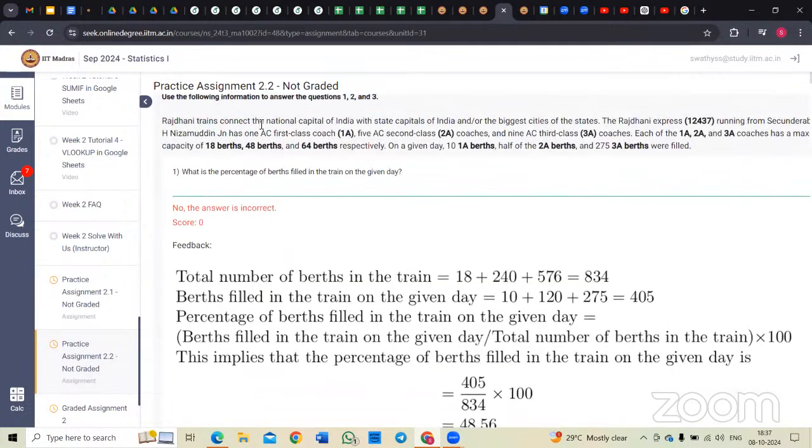We have to calculate the percentage of berths filled in the train on the given day. So the total number of berths in the train would be 18 plus 240. How did this 240 come? In second AC, we have 5 coaches, right? And in one coach, we have 48 berths. So in 5 coaches, how many berths would be there? 48 into 5, which is 240. Got it?